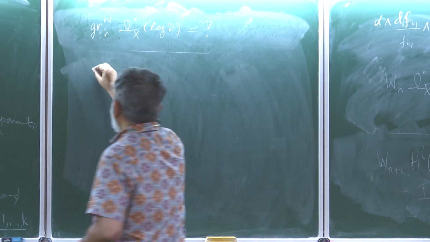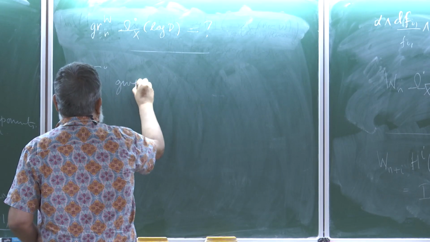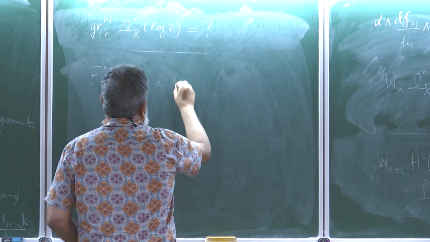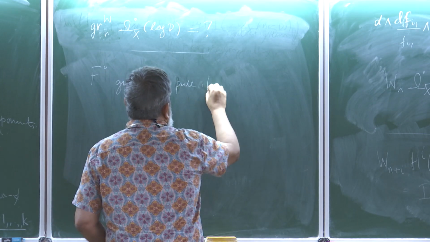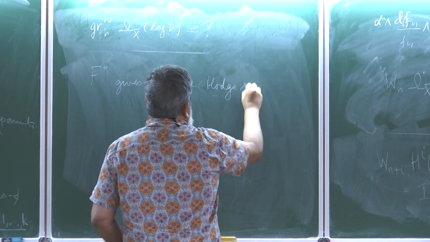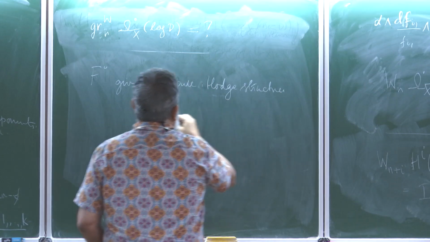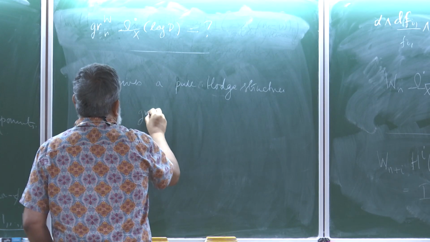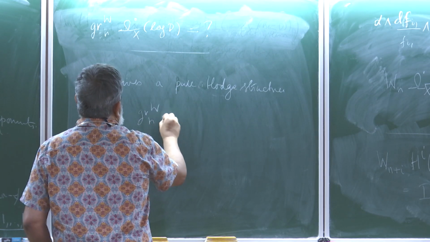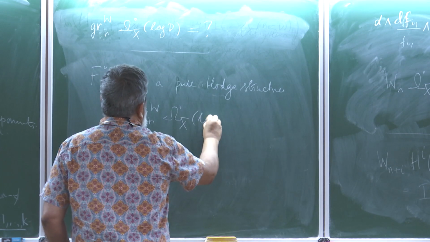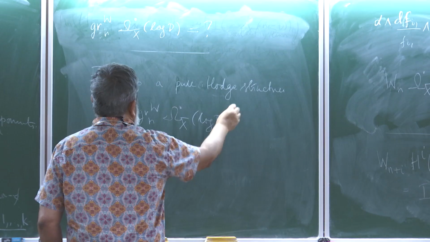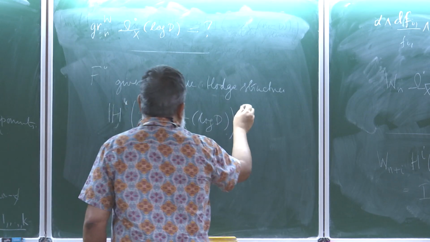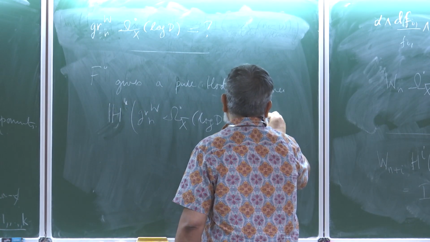Essentially we want to prove that F dot, appropriately shifted and so on, gives a pure Hodge structure on the cohomology of this, with suitable weights.